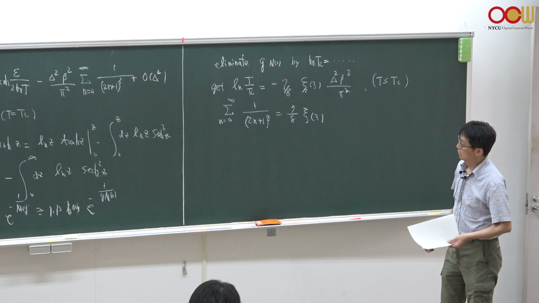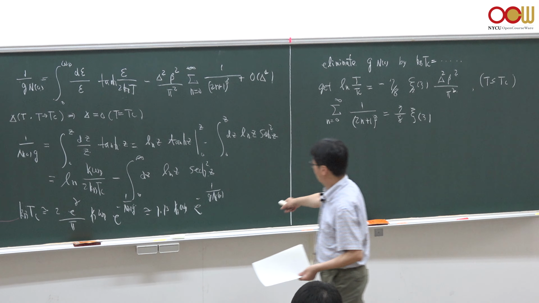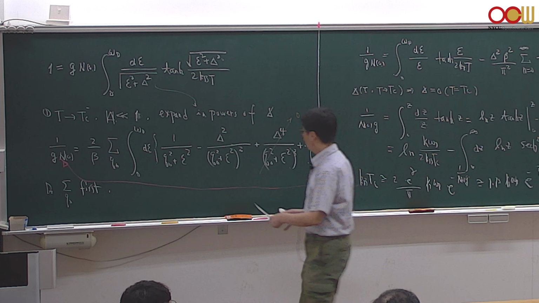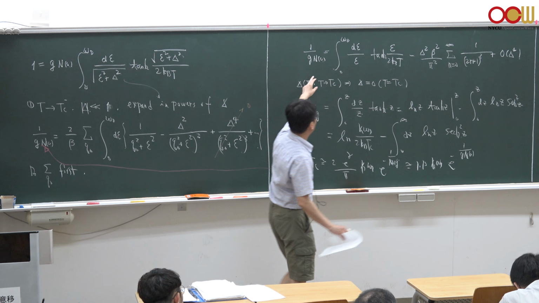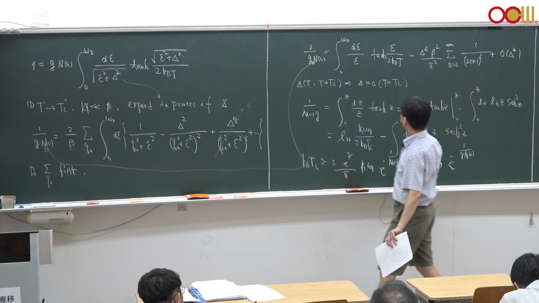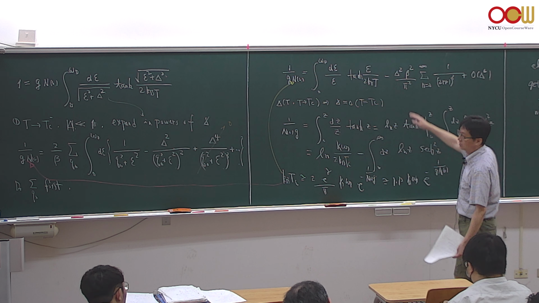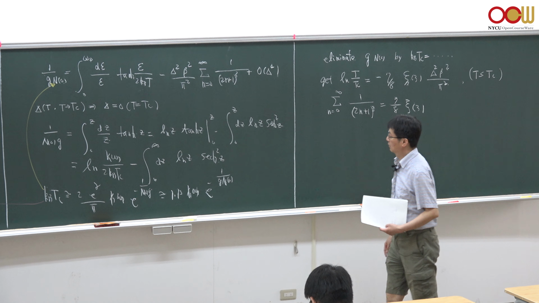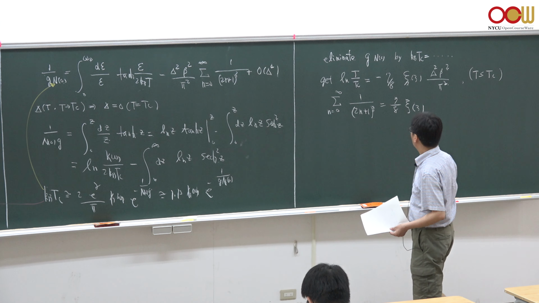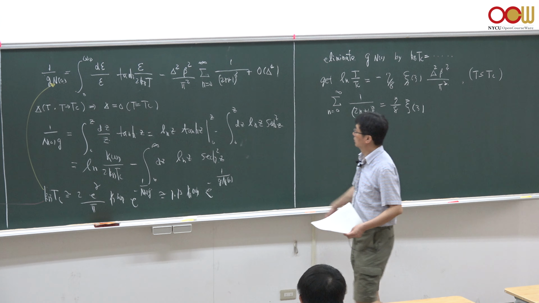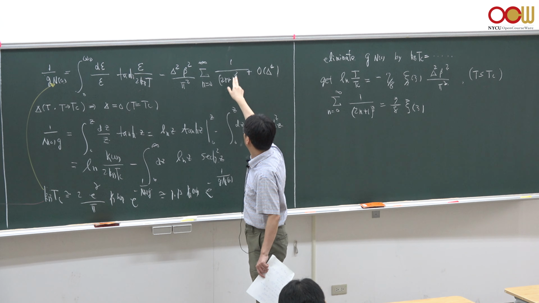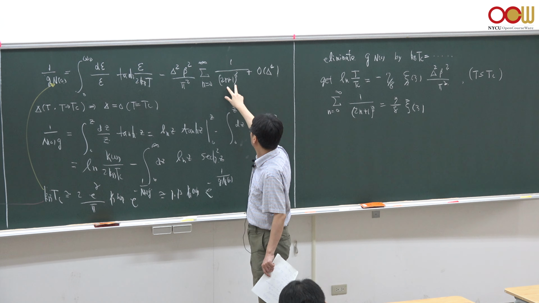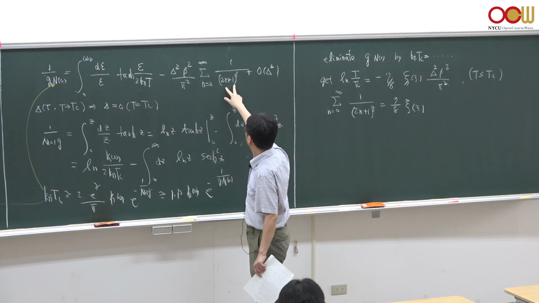Okay, so when you plug this result back into the gap equation, you could perform similar integrals like we wrote here, and sum over the integer n from 0 to infinity of 1 over (2n plus 1) cubed.